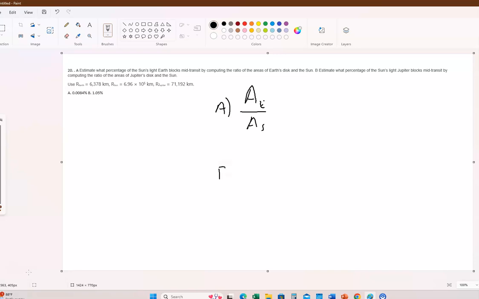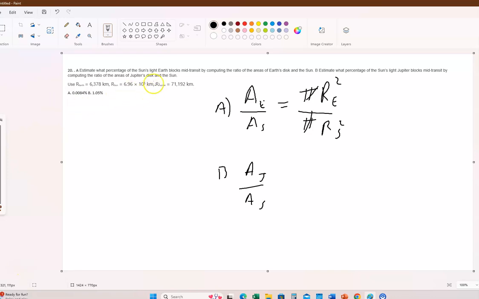And just as a quick reminder, the area of anything that's circular is just pi r squared. So pi times the radius of the Earth squared divided by pi times the radius of the Sun squared. And of course the pi's cancel, so you don't have to really worry about that.